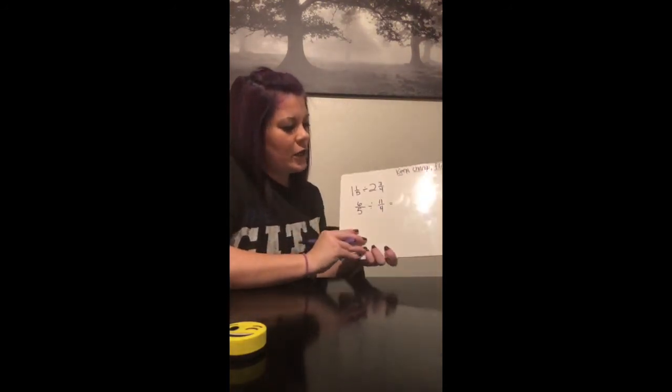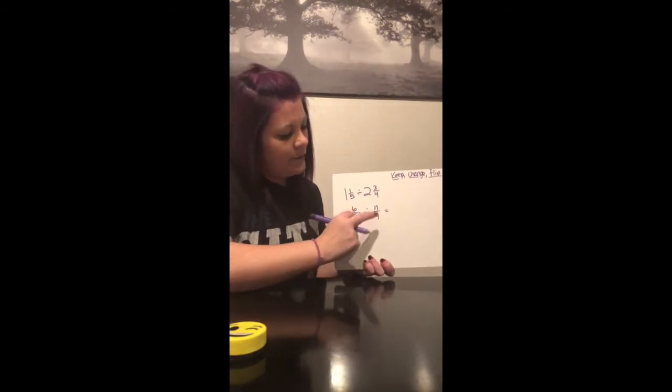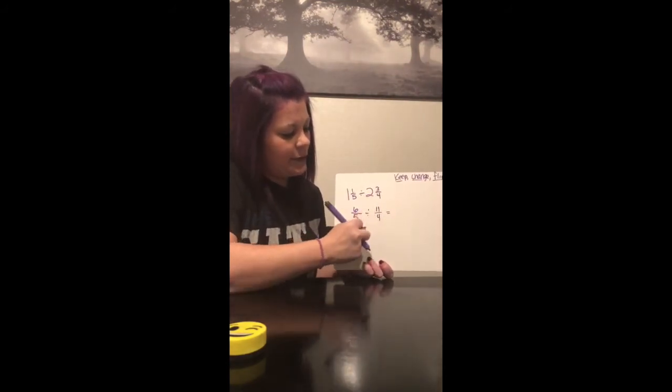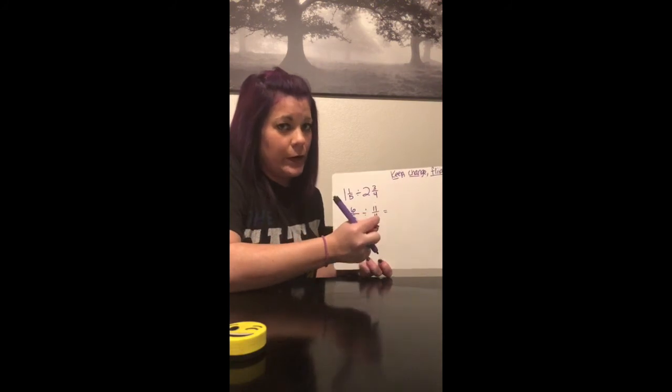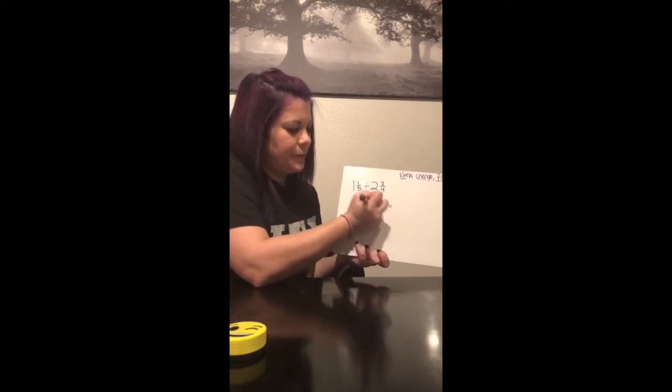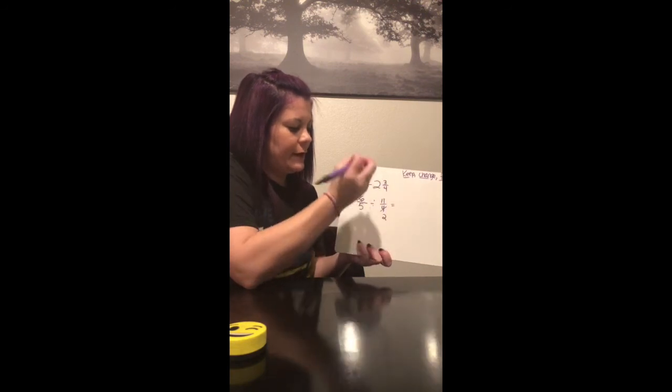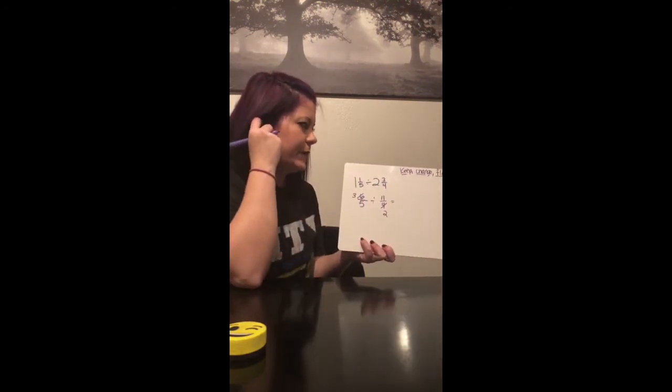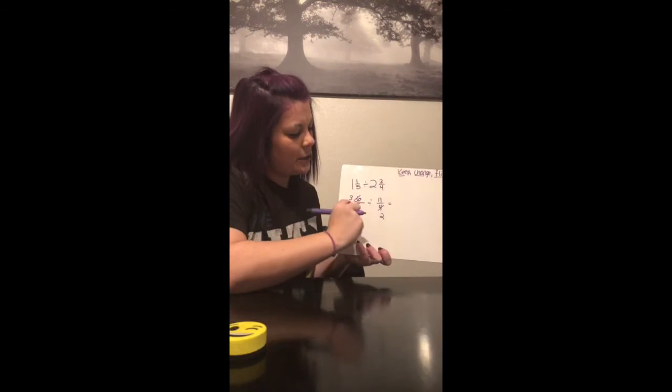Now we check for cross-reducing. 5 and 11 do not have a common factor. 6 and 4 do. They can both be divided by 2. 6 divided by 2 is 3. And 4 divided by 2 is 2. Now I can just multiply straight across.